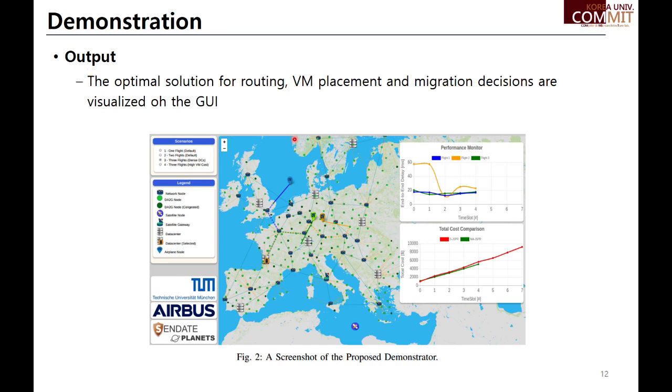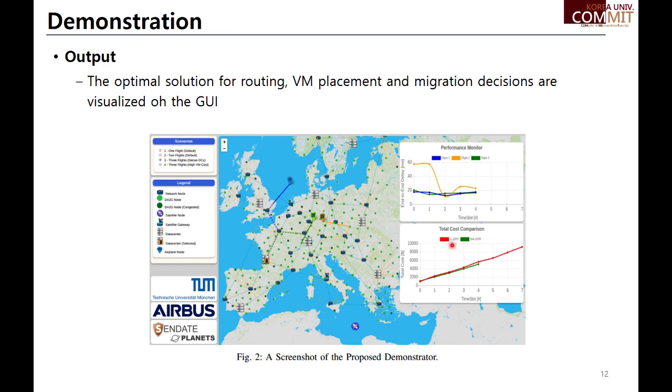And output. The picture here is the output of the demonstrator. The optimal solution for routing, virtual machine placement, and migration decisions are visualized on the GUI, as you see here. Sorry, there's a typo here. So you can see in this graph flight 1, flight 2, flight 3, and by varying time slots, end-to-end delay is plotted like this graph.